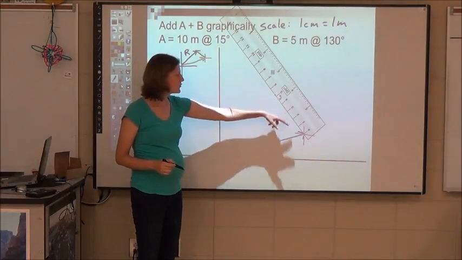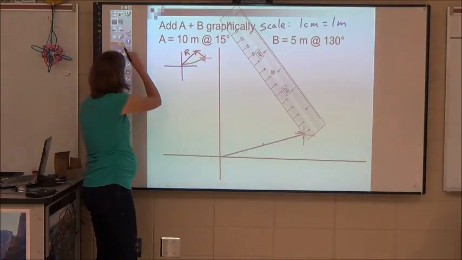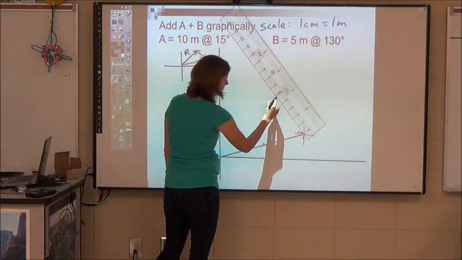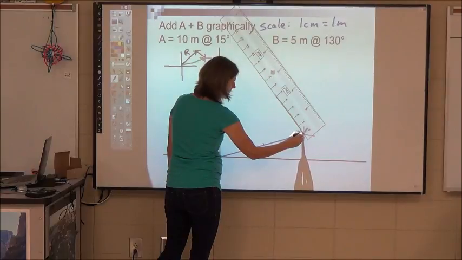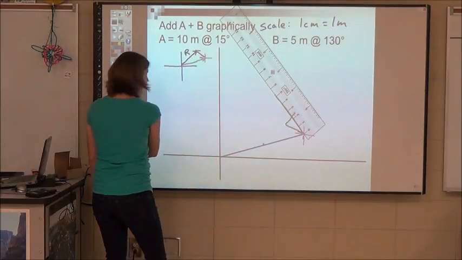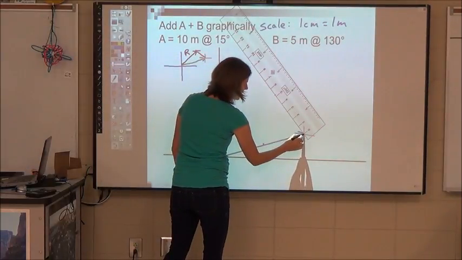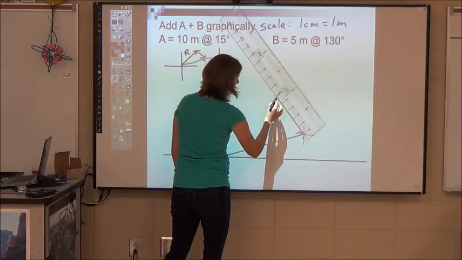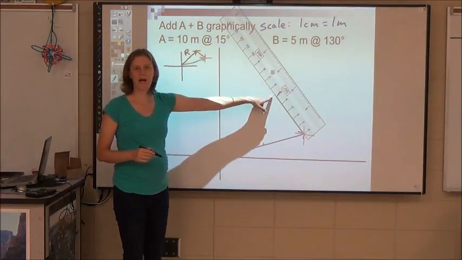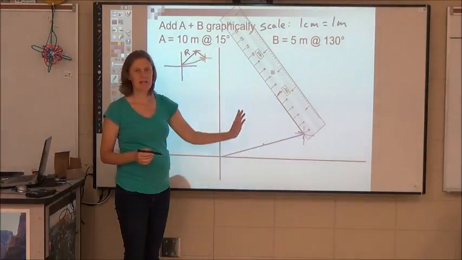So now when I draw out to 5, that should, hold on. There we go. I am just a little bit shy of my dot. The dot's just telling you which way to go.